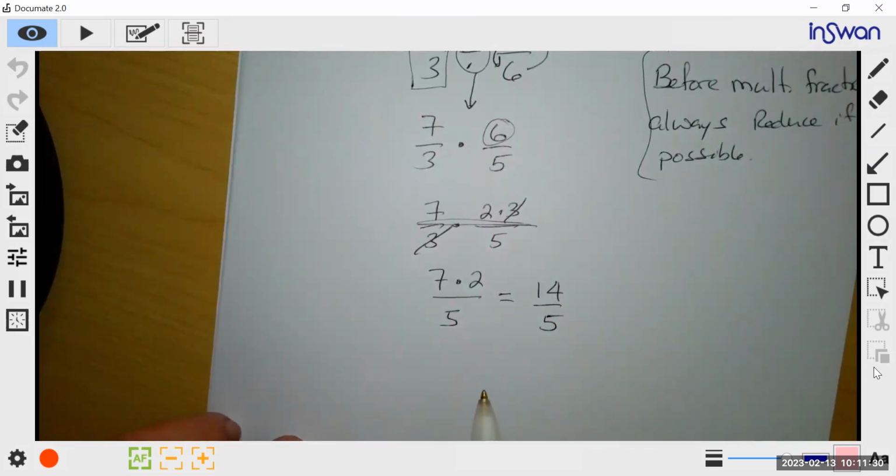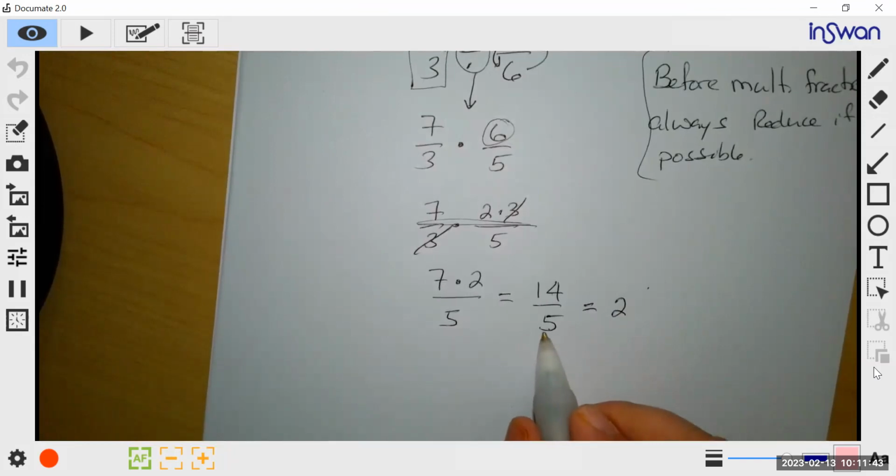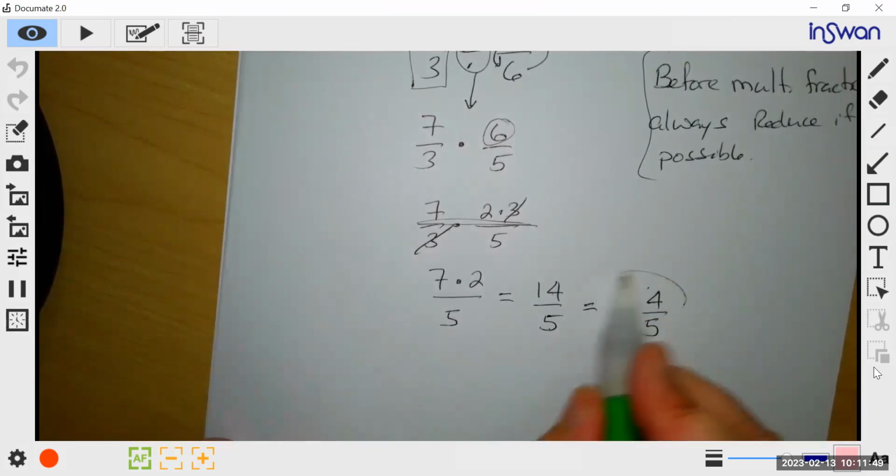Are we done? No, because it's improper. How many times does 5 go into 14, with how many left over? 5 times 2 is what? 10. So 14 minus 10 is 4. And there is your answer.